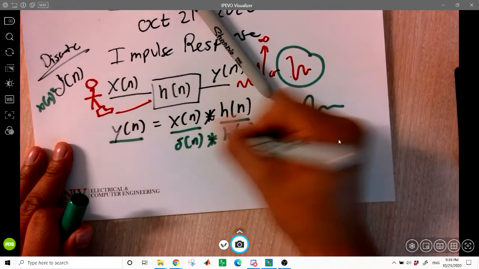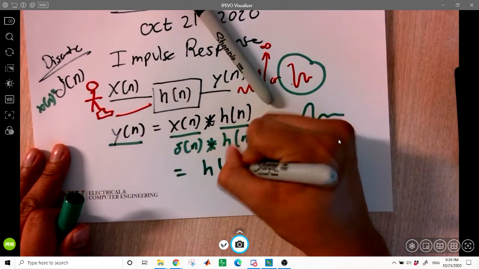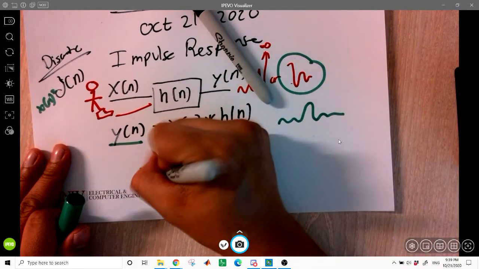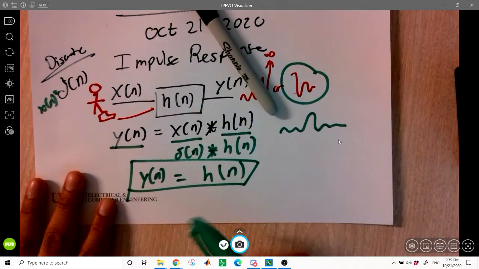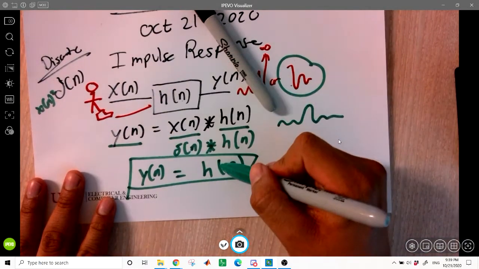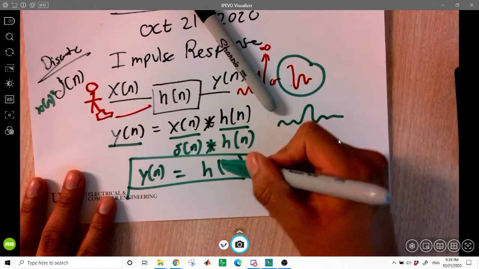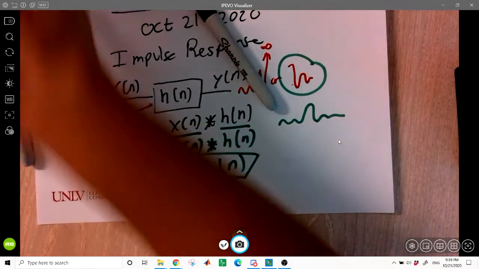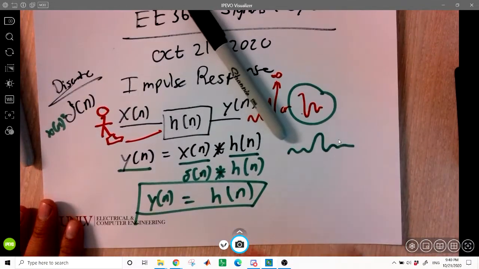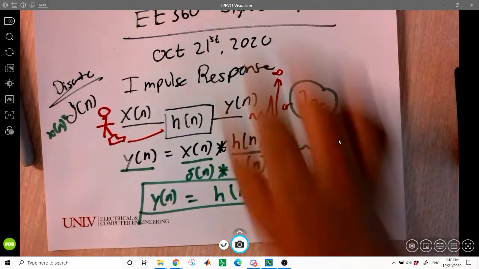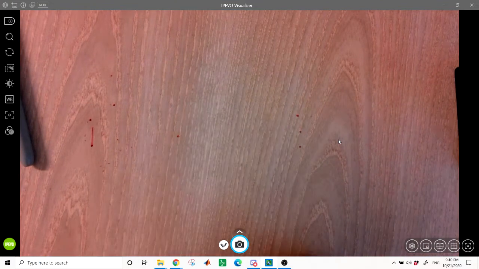You get the anything. So this is literally what you're looking for when you're looking for your impulse response. If you just kick your system, your output is literally going to be your system. This is the best concept I can probably show you right now, and it's a really important factor when you go into signal processing.